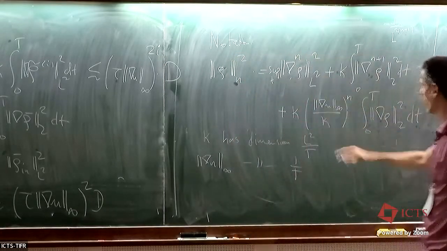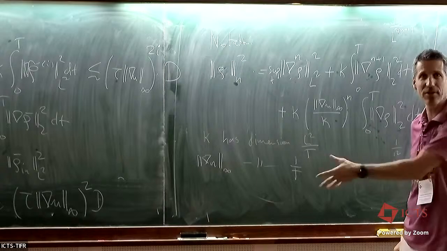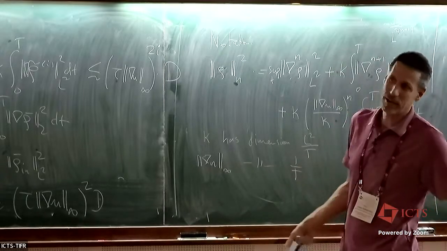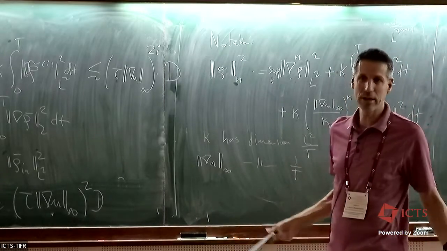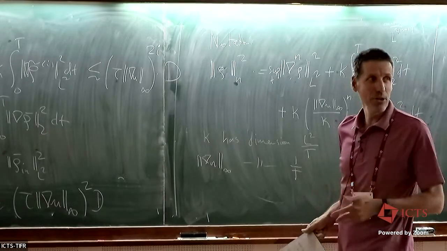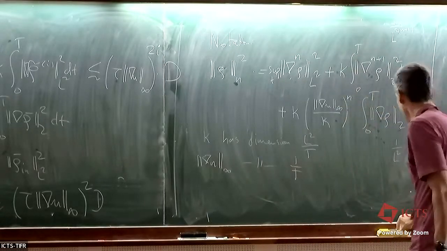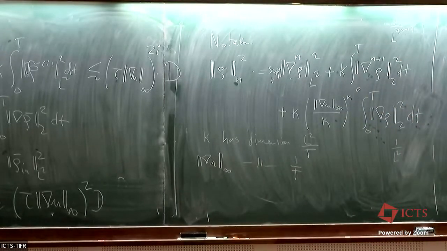Okay, so you have 1 over L squared here. So at least dimensionally it's consistent. This is always useful because when you have this kind of estimates, you get something, you use Young's inequality, you use interpolation. It's easy to make mistakes. You have to get something which is dimensionally consistent. I'm not going to get very far.